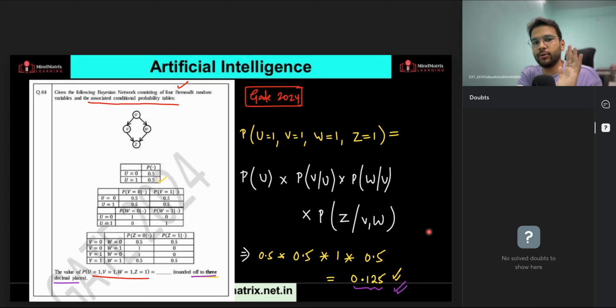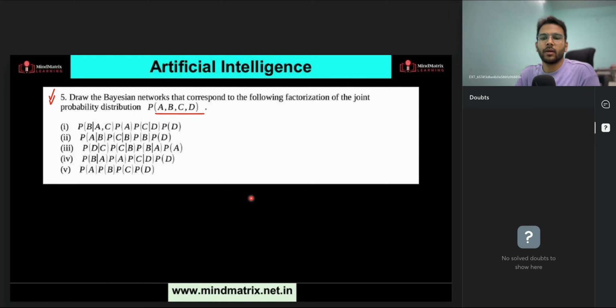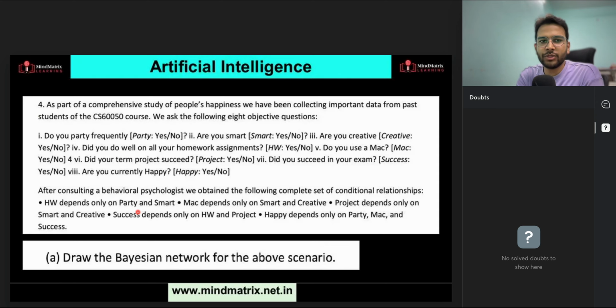And definitely there will be a question from this topic. So draw the Bayesian networks for all these. This is very simple, just based on the dependency. You can understand from which node to which node there will be an edge and where it will not be. So do this question.